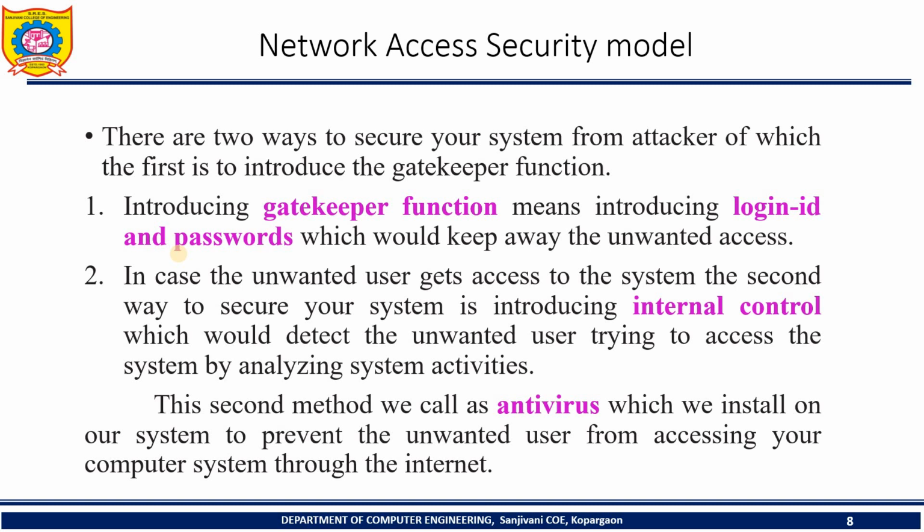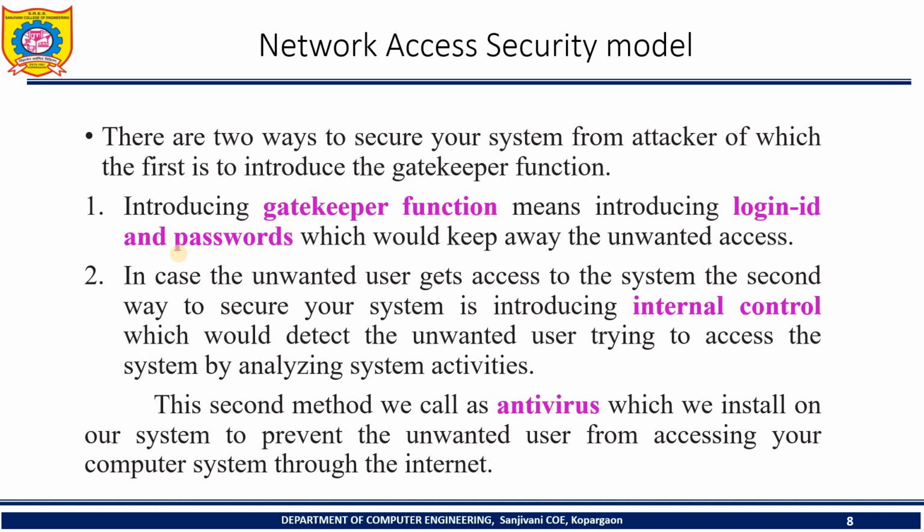So these are the two ways through which we can protect the system and deal with the different possible threats to network security. The first is to introduce a gatekeeper function by providing user IDs and login passwords, so that only authorized users can access the system.